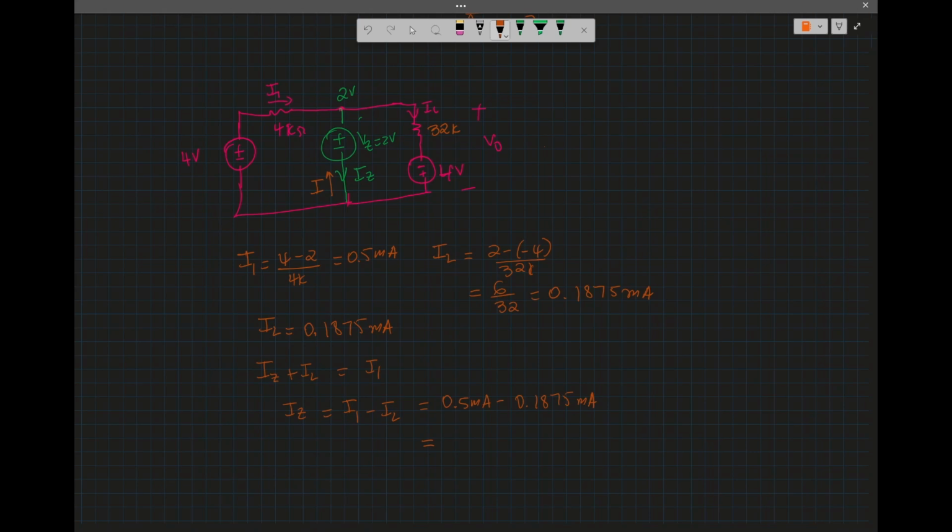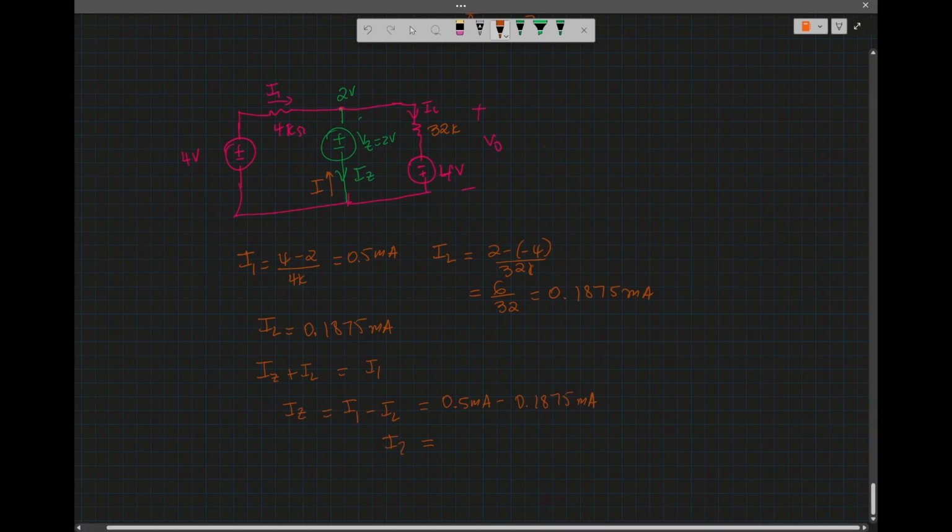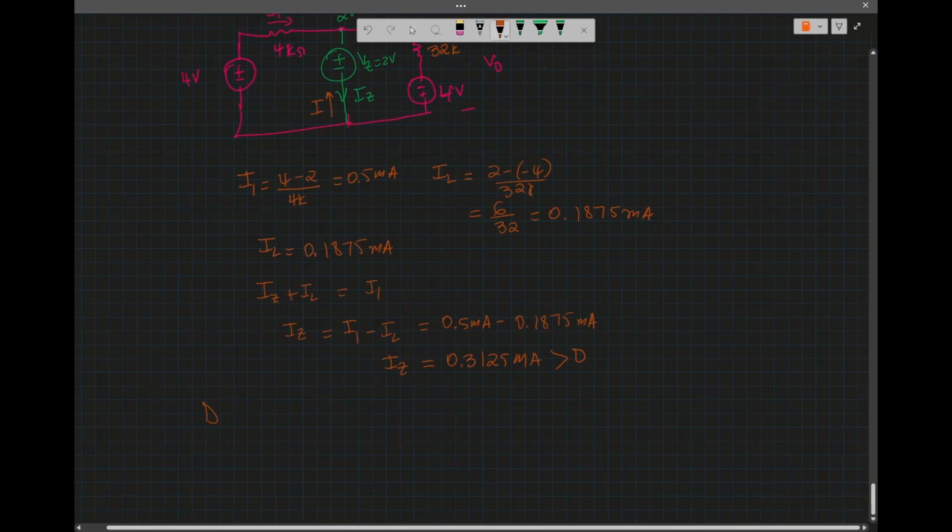So that is 0.3125. So IZ, 0.3125 milliamp is positive. So the diode is indeed reverse bias.